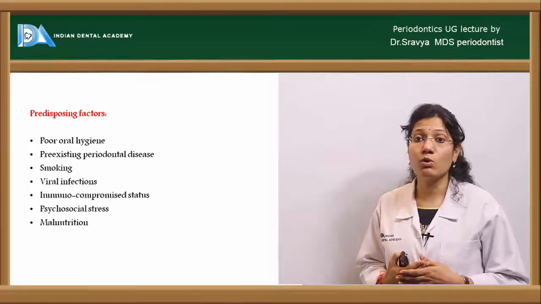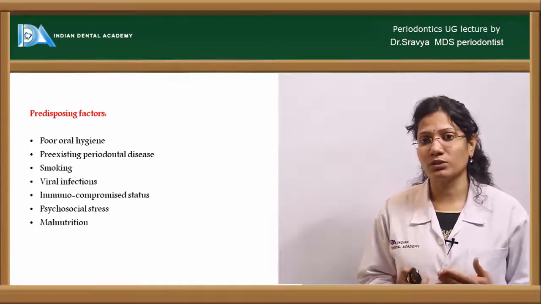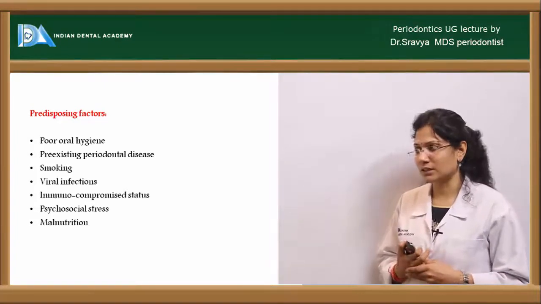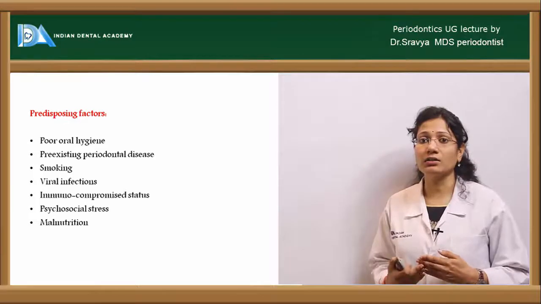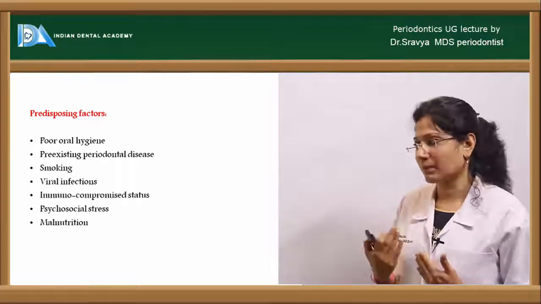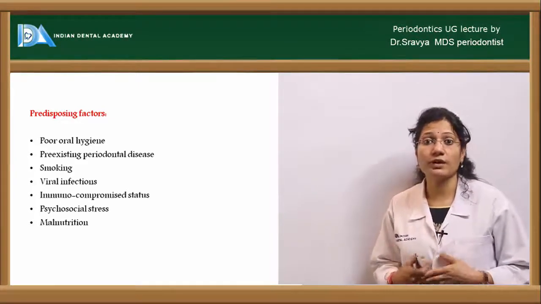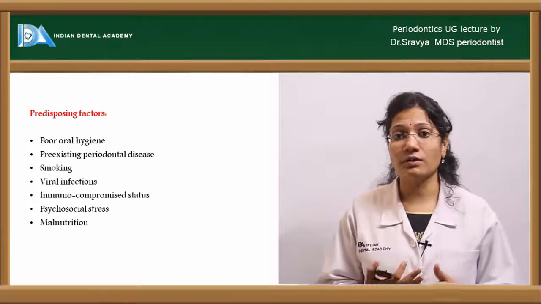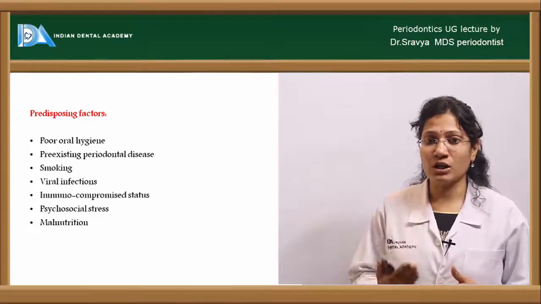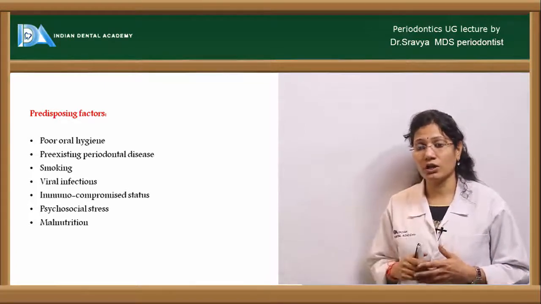Apart from that, smoking can be a factor predisposing the patient to develop the necrotizing ulcerative form of diseases. And then other viral infections, which again compromise the host defense mechanisms, and other immunocompromised situations, like when the patient is infected with HIV, he is HIV positive.